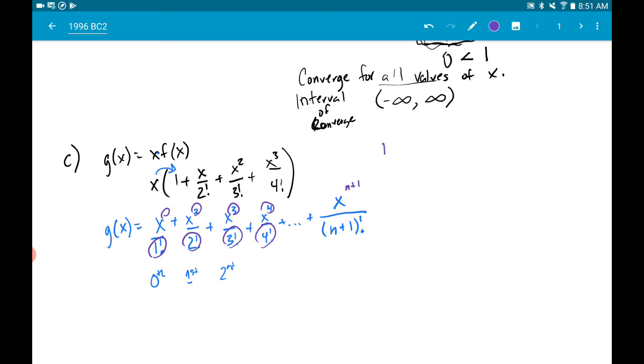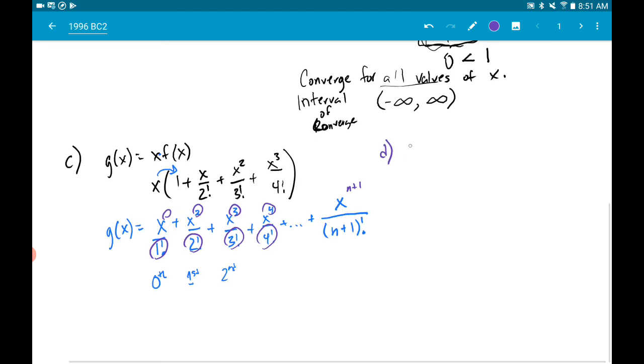All right, letter D says write g of x in terms of a familiar function. So I'm hoping that it kind of looks like this. I don't think they're going to ask you something like this because they cut out half of the units on Taylor series. So this gets a little bit crazy. But we know that e to the x, or hopefully that's one of the common ones that you should memorize, looks like this.